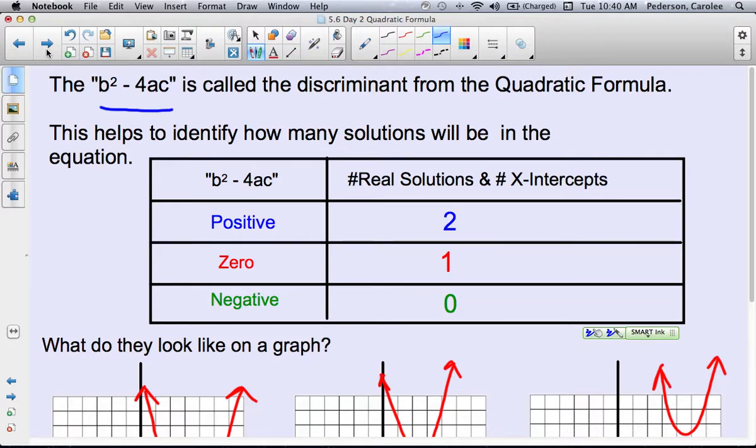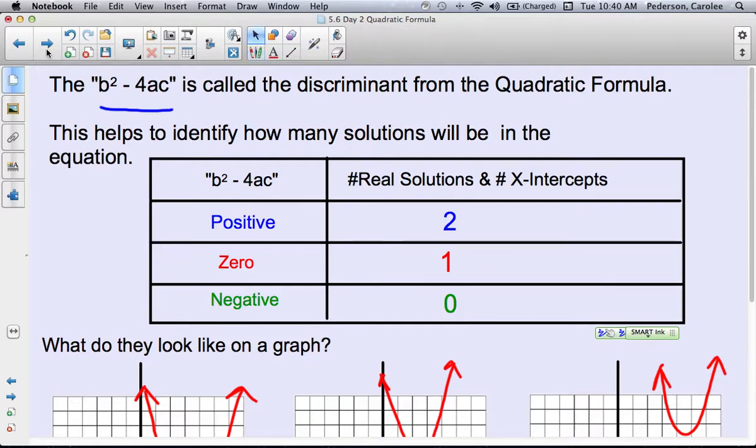The next one in the box says if you have a 0 as your discriminant, then you'd have one real solution and one x-intercept. If you get a negative underneath the radical, which means it's an imaginary number, it's a complex 0, so it has 0 real solutions and 0 x-intercepts.